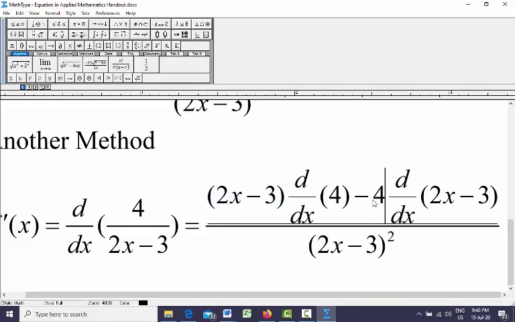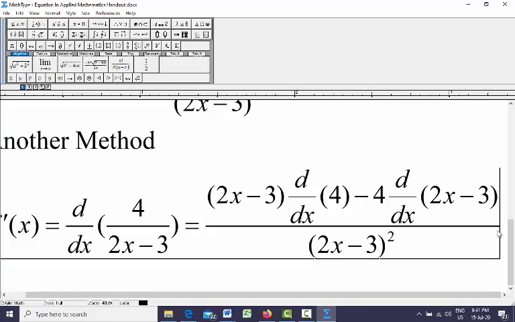So they exchange their positions. This is the formula.